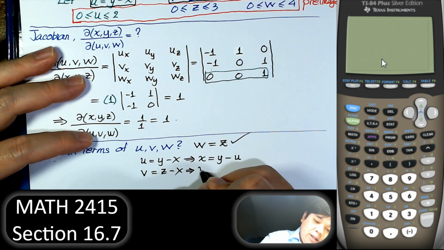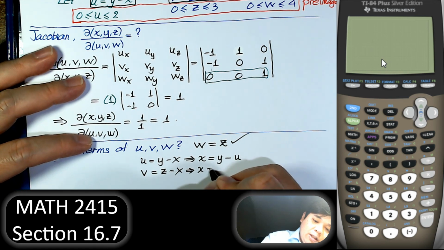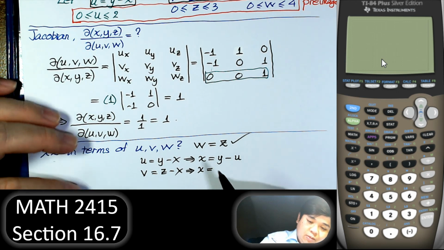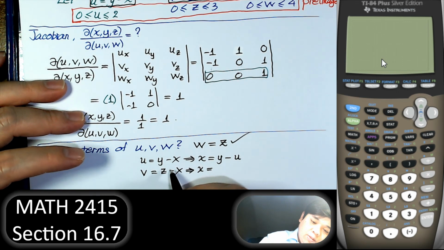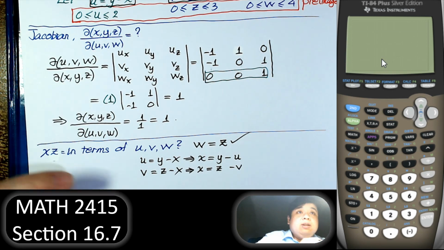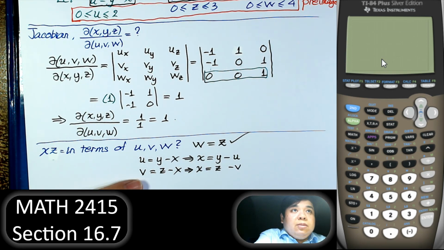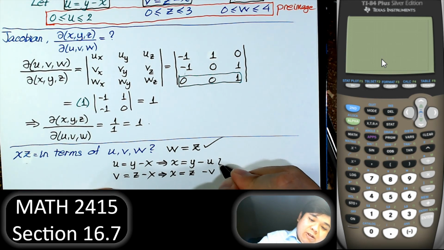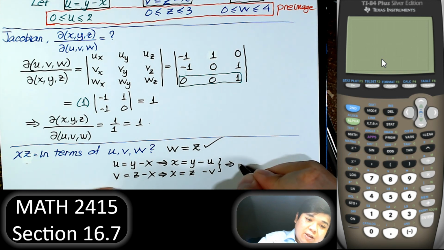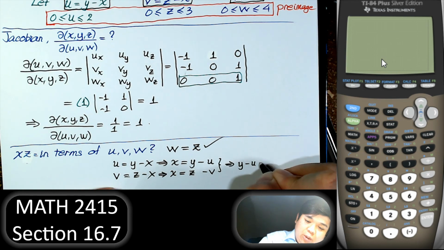And x equal to z minus v. Just make them equal. So y minus u is equal to z minus v.